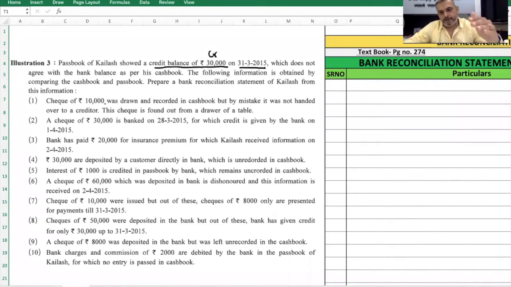So here it is given that the passbook of Kailash shows a credit balance of 30,000, which does not match with the balance as per cash book. So we are preparing a bank reconciliation statement of Kailash as on 31/3/2015. Please write the heading.